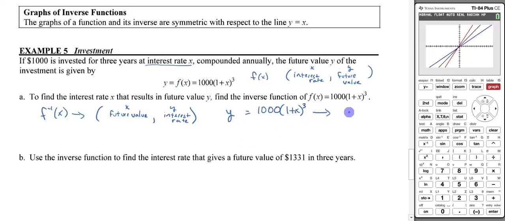We switch our x's and y's. x equals 1,000 times 1 plus y cubed. Now we need to solve for y again. Let's first isolate this part that has the y in it. So divide both sides by 1,000.